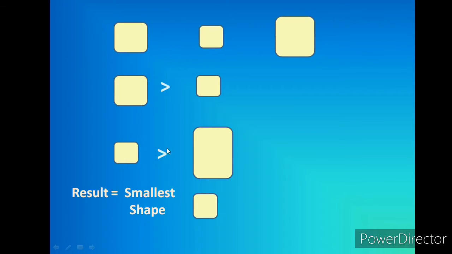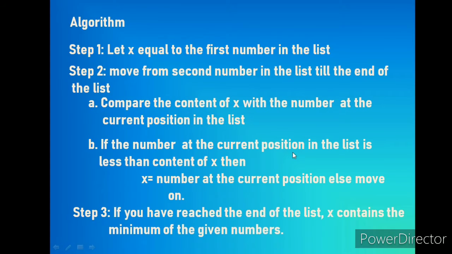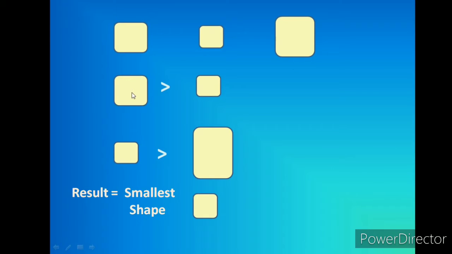There also, within that comparison, we get the square at the second position as the smallest square. So as you can observe, there are three squares and we are making only two comparisons.